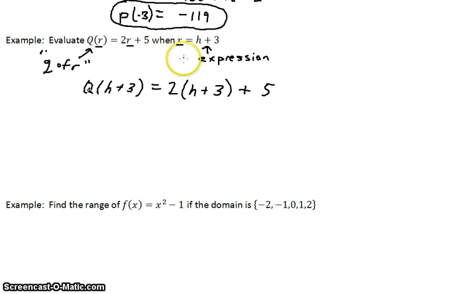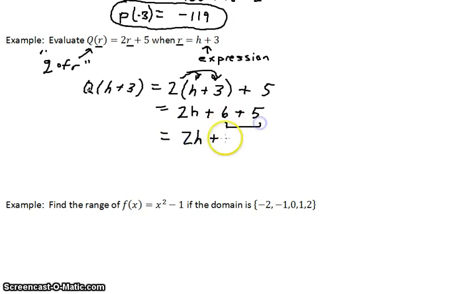Now you can see here I have still a variable in this, so you might be asking, well, why is this different from what we had before? Well, what we're doing is we're seeing what happens when we change the variable and change it so it looks like a different expression with a different variable. So now we're going to have a different function in terms of a different variable. So I distribute to get rid of the parentheses, so I get 2h plus 6 plus 5. And the only thing else that I can do is combine like terms.